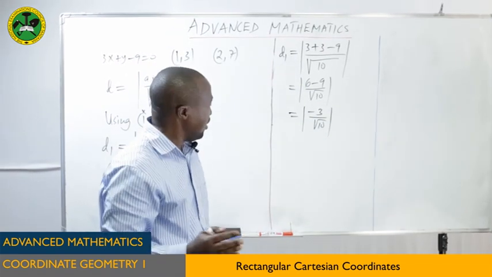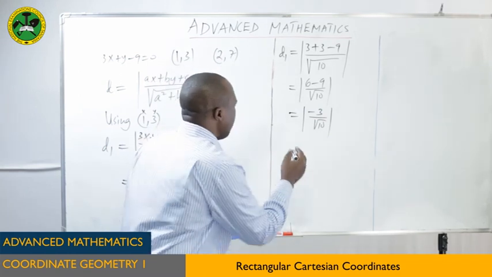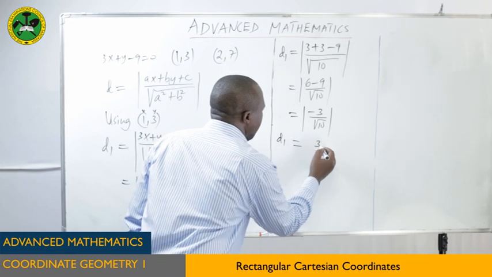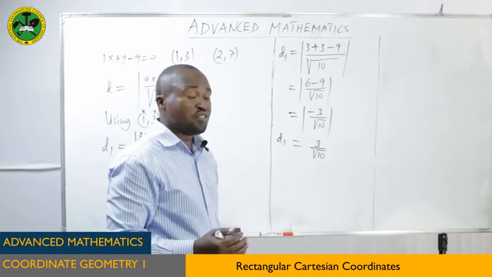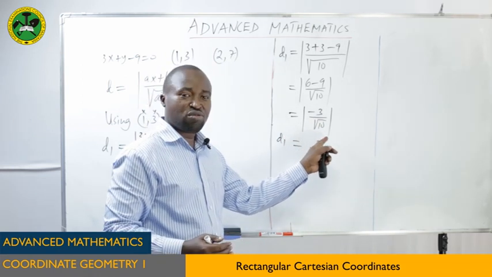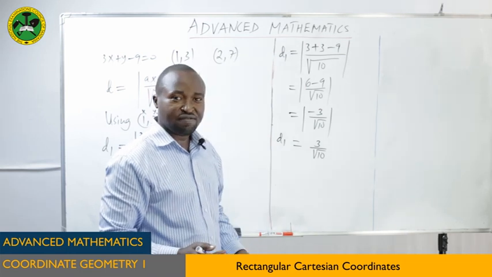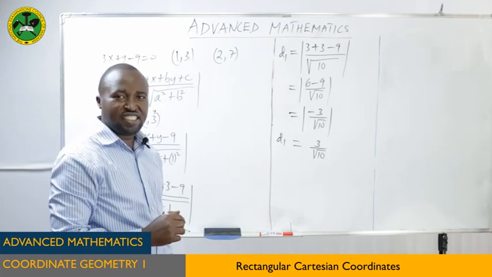But remember, we are using the absolute to avoid negative. So D1 will be equal to 3 over square root of 10, because the absolute of negative 3 over square root of 10 will be positive, that is 3 over square root of 10. So again, let us proceed with the second coordinate.